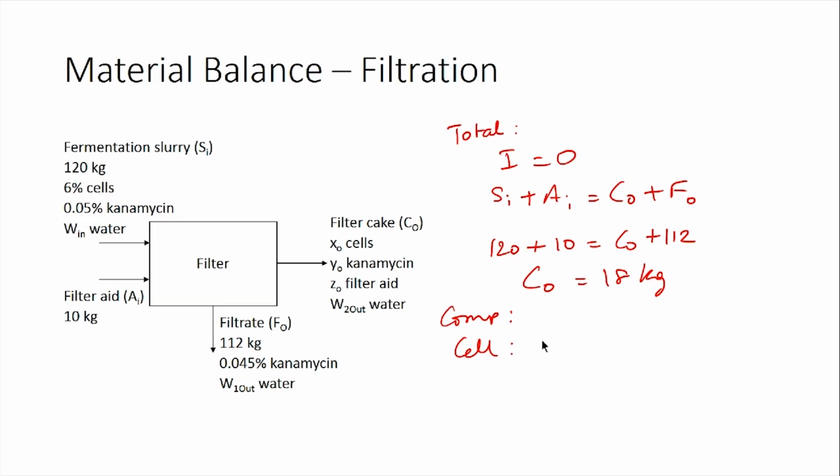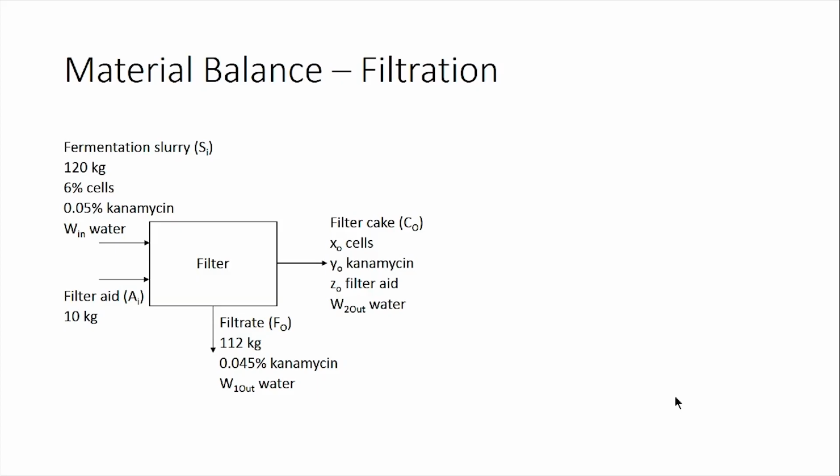So this would mean input equals output, implying 6% of the fermentation slurry, which is 0.06 times 120, is equal to X0. So X0 is equal to 7.2 kilograms.